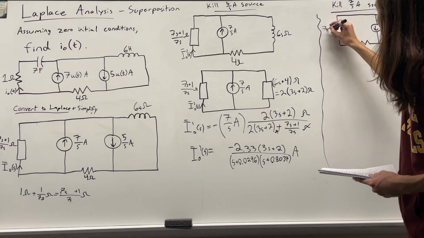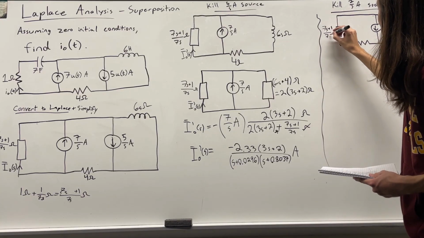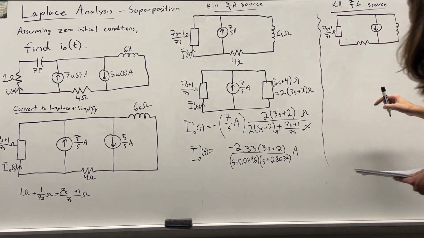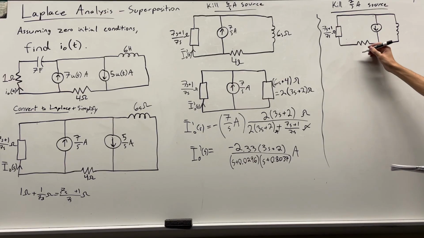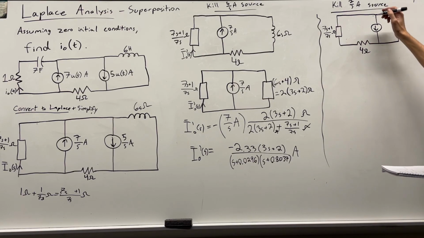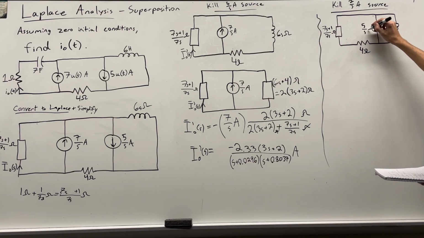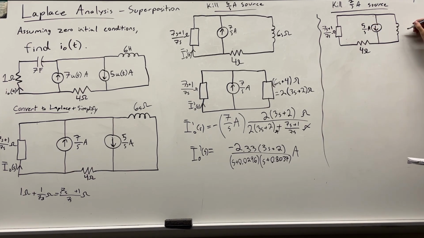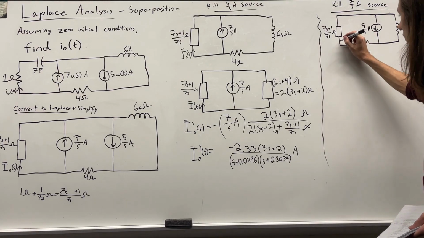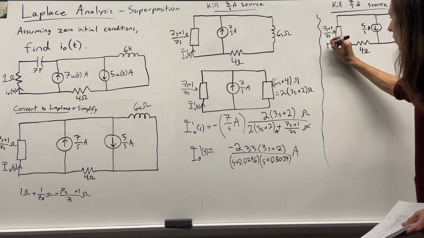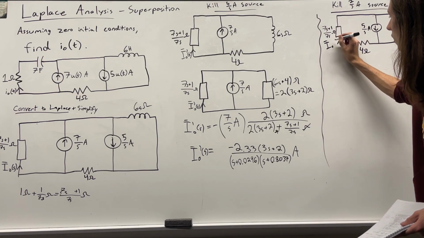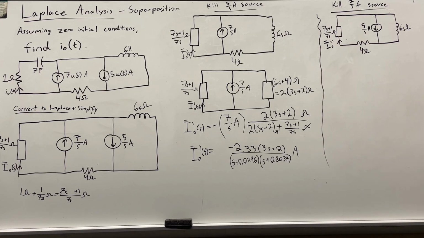This impedance, 7S plus 1 over 7S ohms. This resistor is 4 ohms. Current source is 5 over S amps, and then our 6S ohms inductor. Okay, and then of course, our sought variable, which is now, in this case, I naught double prime.